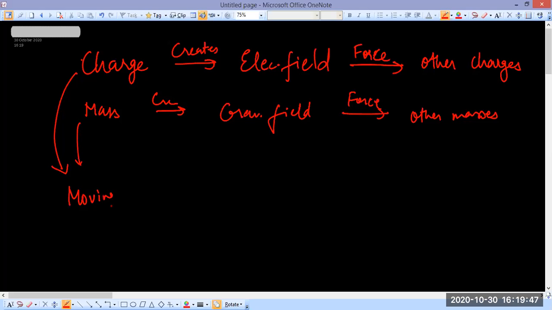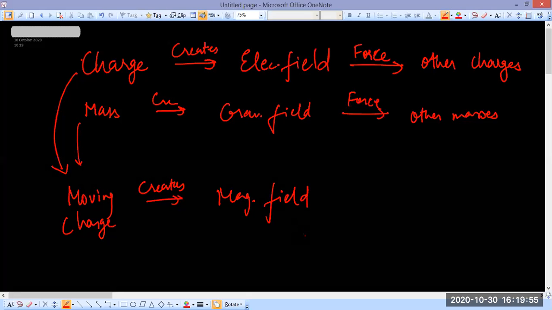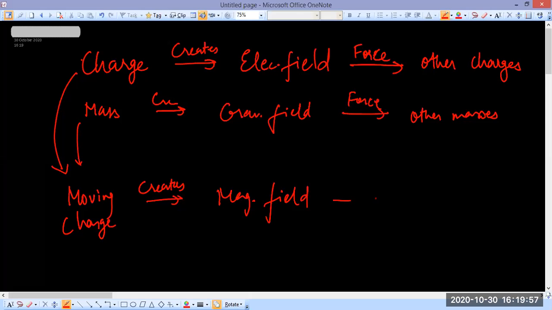Moving charge, I hope you remember I told you that moving charge creates magnetic field, okay? And this magnetic field applies force on other moving charges, right? On other moving charges.